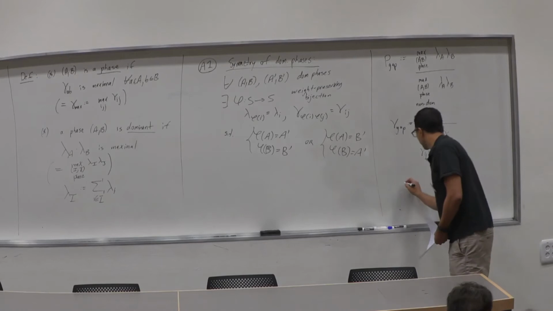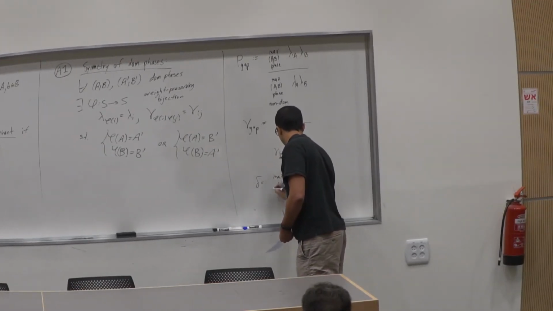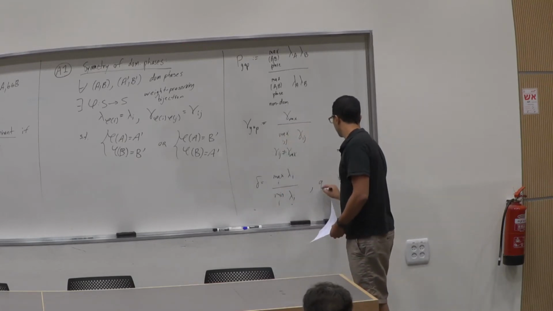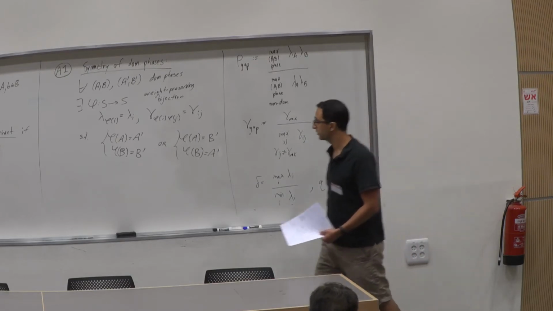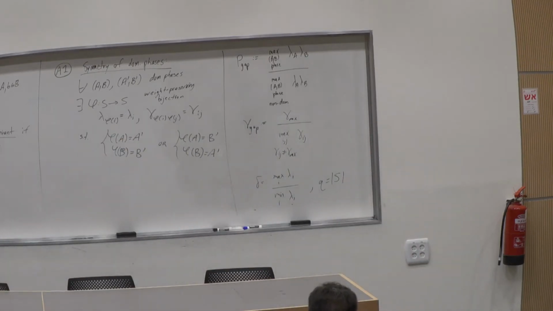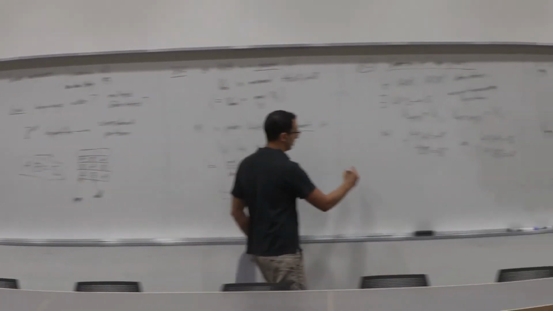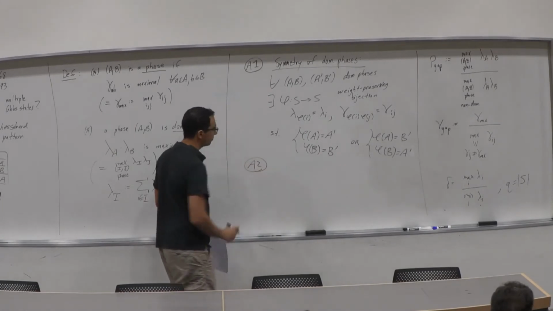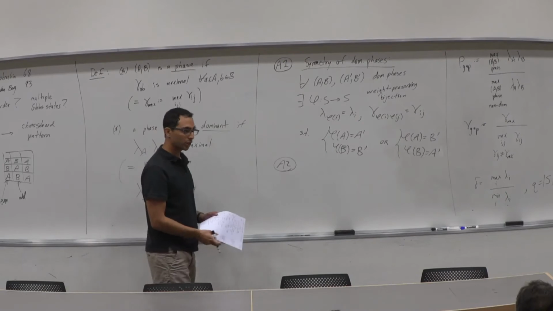Okay, and we'll need two other quantities which, for some technical reasons, are the ratio between the largest and smallest single site weights, and let me also denote the number of spins by Q, the size of the spin space. Then the second condition, let me put it here. So the second condition is an inequality which quantifies how large the gap is.